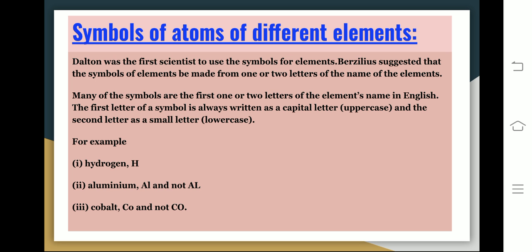For example, the symbol of hydrogen is H, capital H. The symbol of aluminium is Al. Similarly, the symbol of calcium is Ca, the symbol of carbon is C, the symbol of chlorine is Cl, etc.